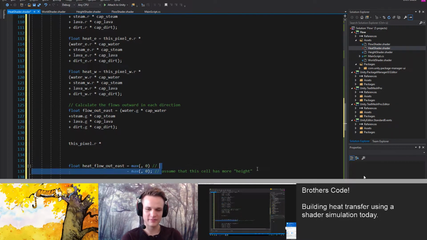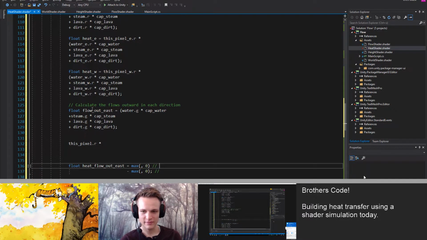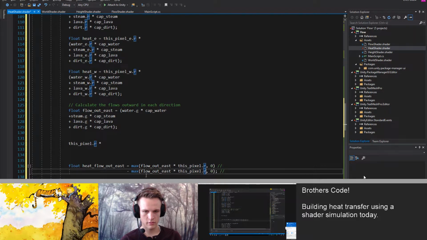Heat flow out. Okay. If we are flowing out to the east, we want to multiply it by this pixel's temperature. And if we are flowing in from the east, then we want to multiply by the eastern temperature.